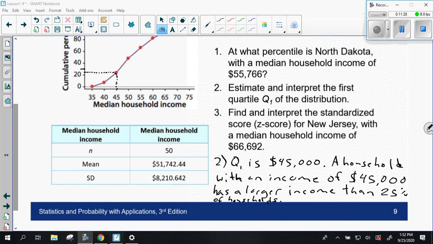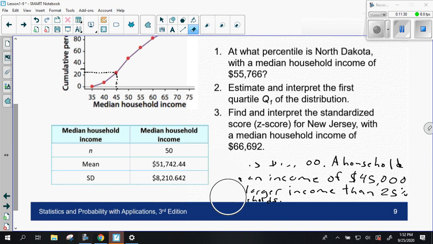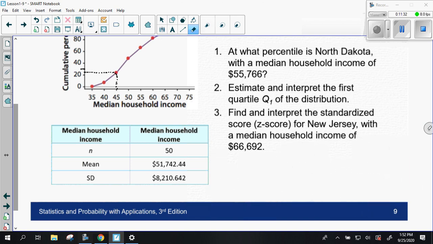All right, number 3. Let's find and interpret the standardized score, the z-score, for New Jersey with a median household income of $66,692.